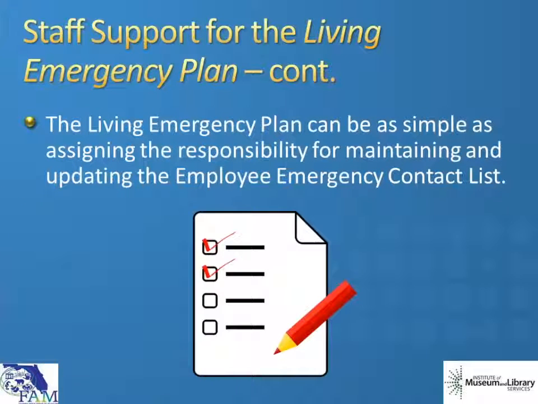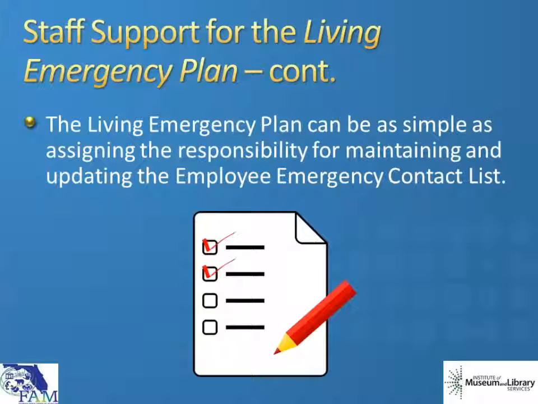The living emergency plan can be as simple as assigning responsibility for maintaining or updating the emergency contact employee list. I have one employee who is the most detail-oriented person in the world. We just hired a new part-timer last week, and immediately she shot everyone out the new phone list with this new employee in it, and it's great.